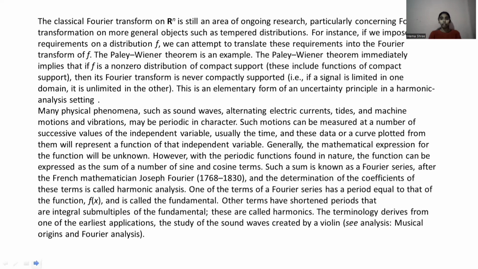Generally, the mathematical expression for the function will be unknown. However, a periodic function found in nature can be expressed as a sum of a number of sine and cosine terms. Such a sum is called a Fourier series, after the French mathematician Joseph Fourier, and the determination of the coefficients of these terms is called harmonic analysis.